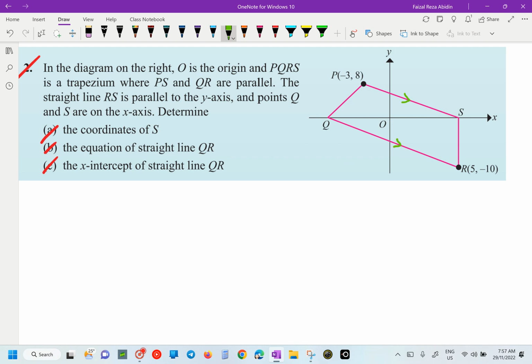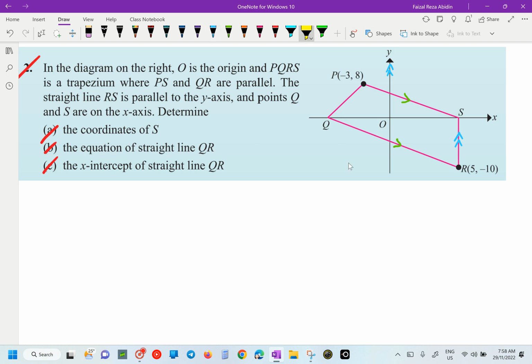The straight line RS is parallel to the y-axis. And points Q and S are on the x-axis. The question: determine the coordinate of S.